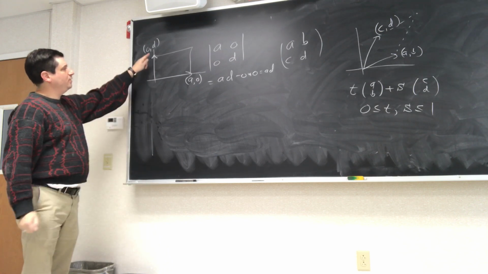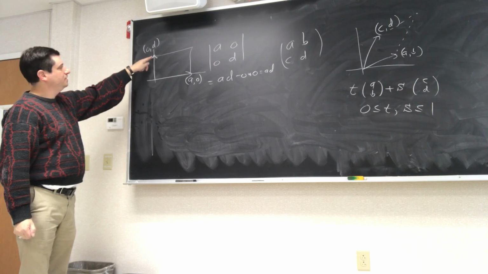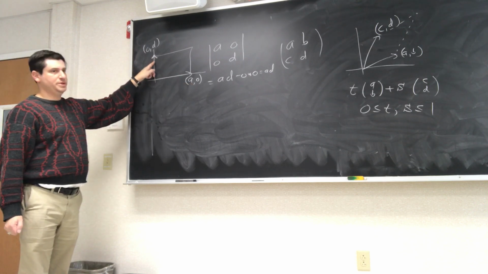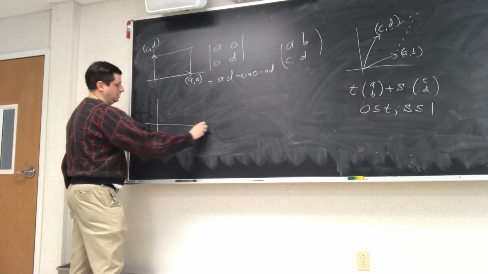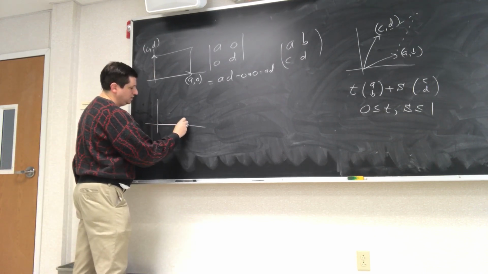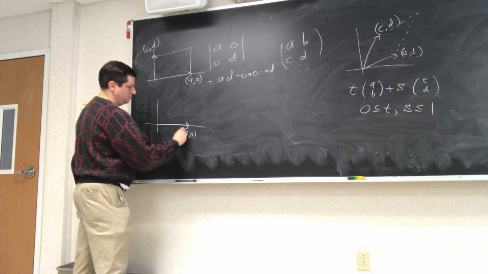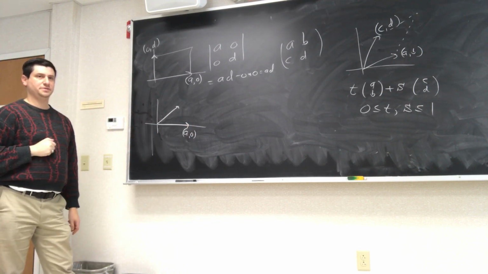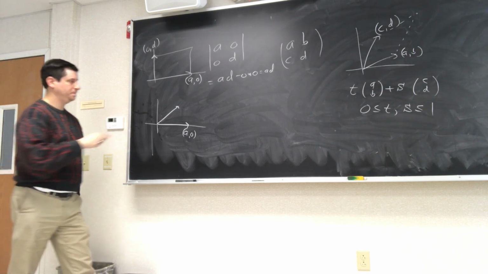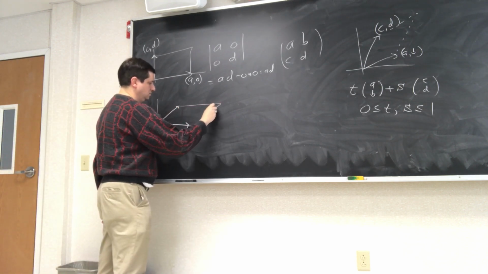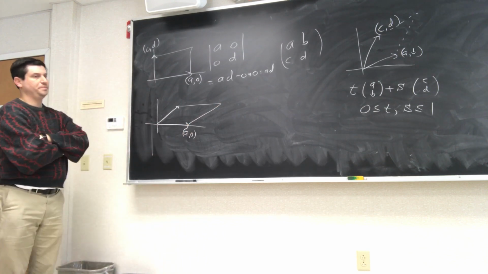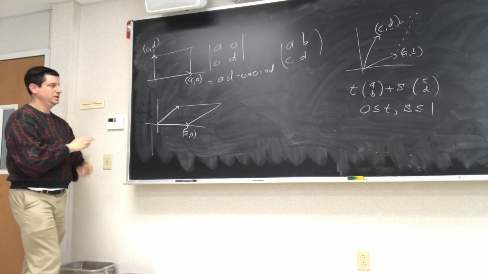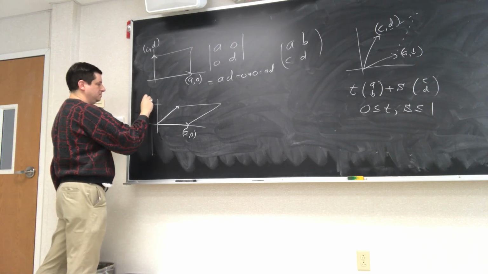I'm still going to keep A, 0, but maybe I'll add a little bit to this other vector. And now I'm going to have this as my parallelogram. What's the area of this parallelogram? Yeah, it's still base times height.